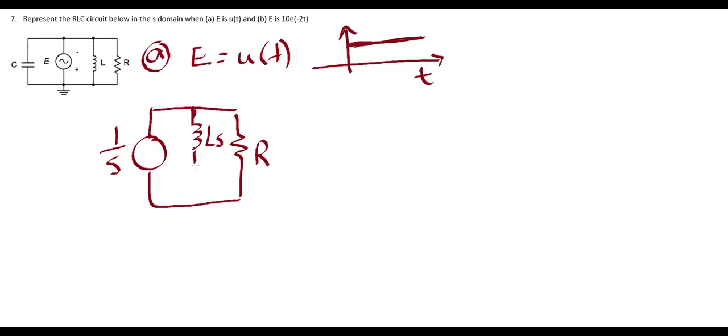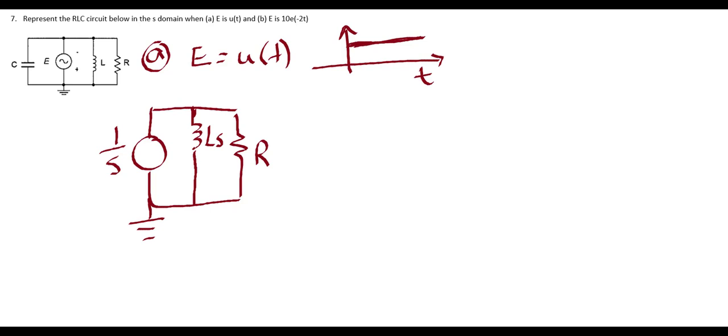branch. Usually we would put an initial energy in terms of the inductor, it would be Li(0), because inductors are current controlled.